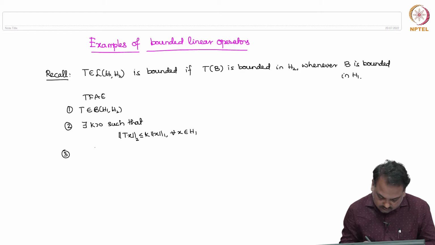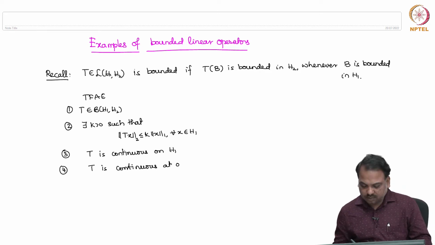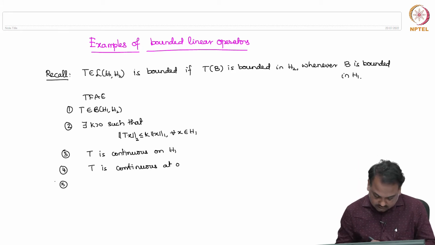And the third condition is T is continuous on H1, and that is equivalent to saying that T is continuous at 0. We can take any arbitrary x, and say that T is continuous at x, instead of the fourth condition.